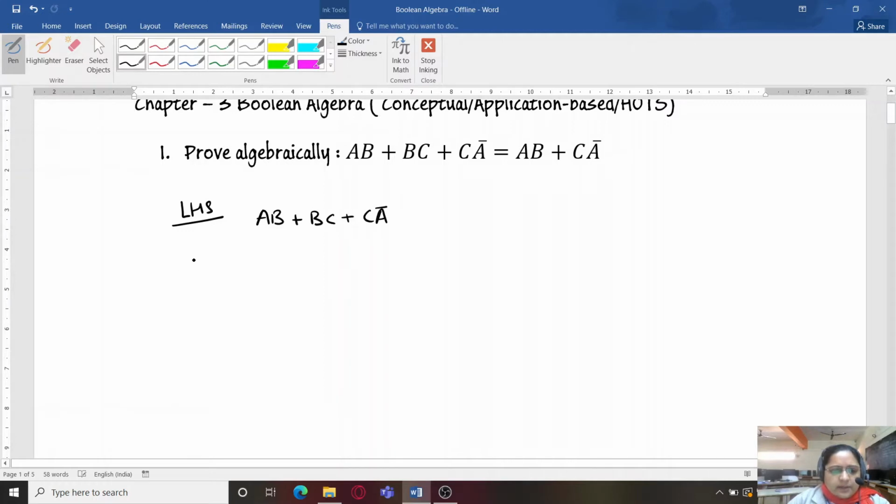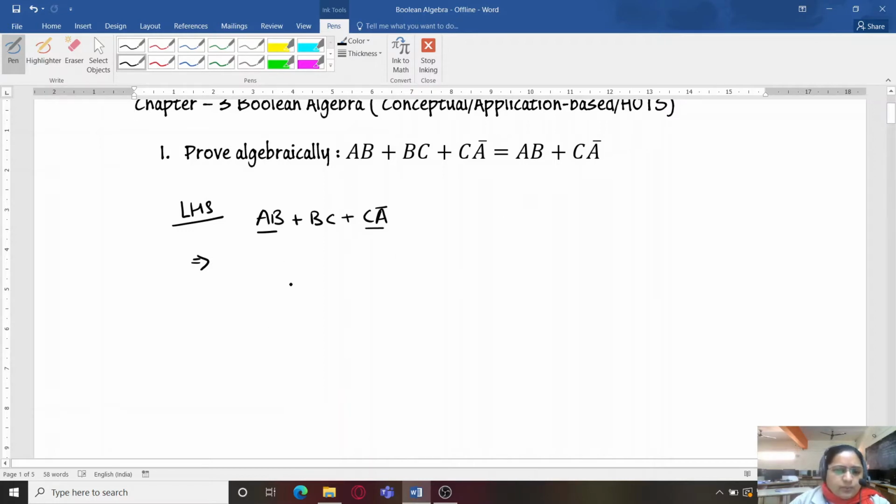We would start reducing the left hand side using all the laws, identities and theorems, and slowly, gradually we are going to derive the right hand side. Now, what terms are needed on the right hand side? You can see AB and CA' are the two terms needed.